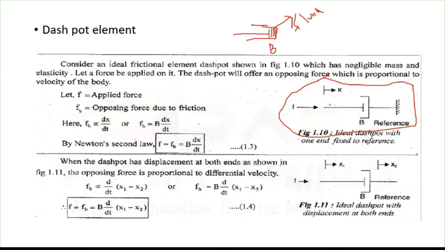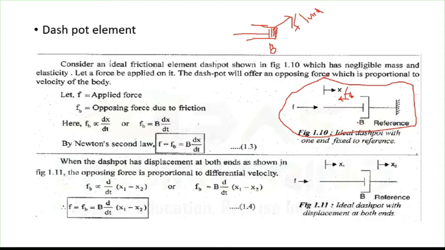Now, according to Newton's law, if we apply a force F to this dashpot, then an opposite and equal force FB will be there. This FB is the opposing force of the dashpot. Then F is equal to FB equal to B into dx by dt, where x is the displacement.